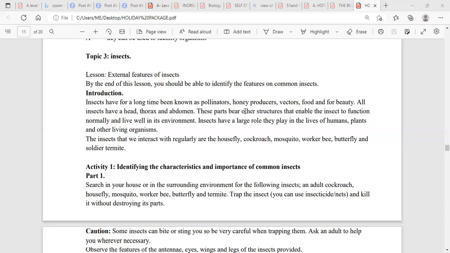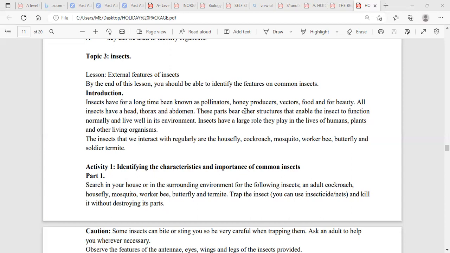The word arthropoda comes from two Greek words, arthros, which means jointed, and poda, which means leg or foot. Thus, arthropoda means jointed limbs. So we are looking at animals with jointed limbs. Those are the arthropods.